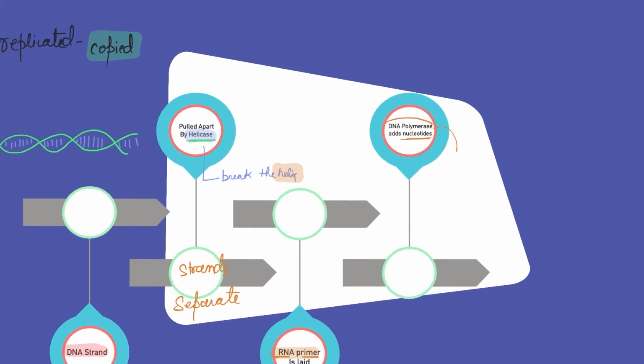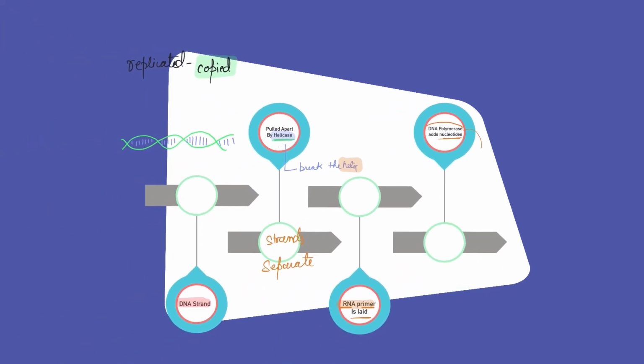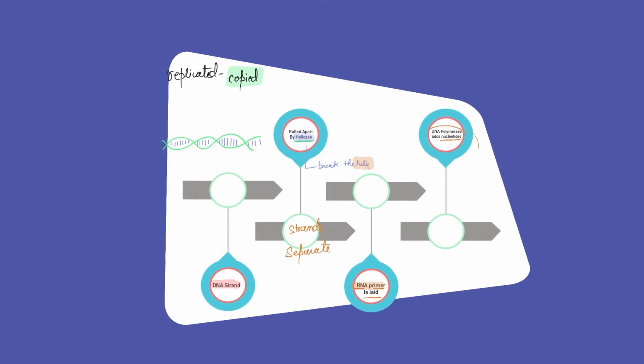But this situation is very much the same as me trying to pull the two ends of an intertwined rope. It will increase the tension. How to resolve this tension? For this we have topoisomerase, which cuts.